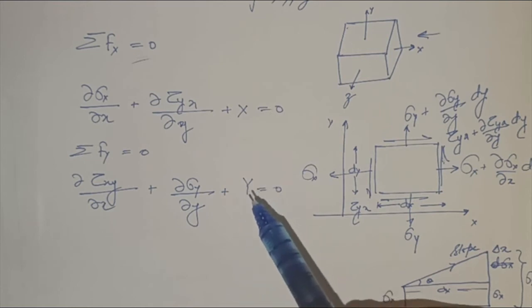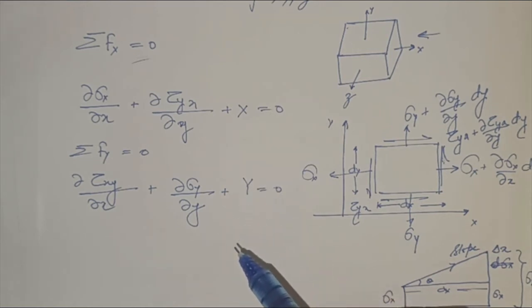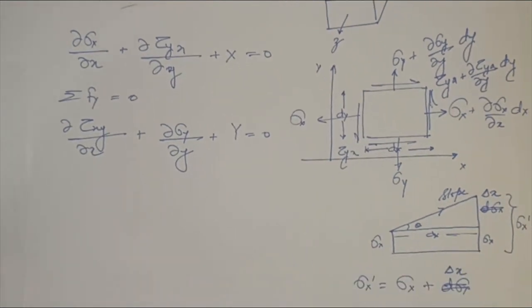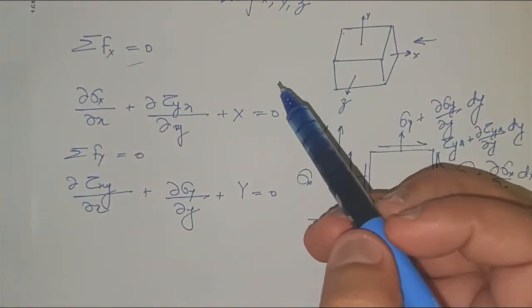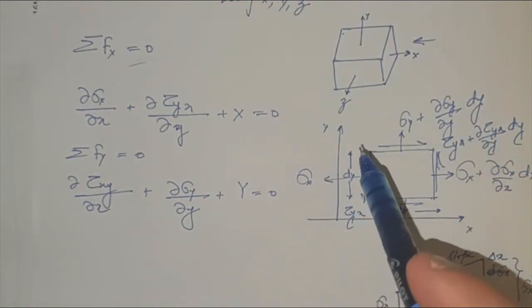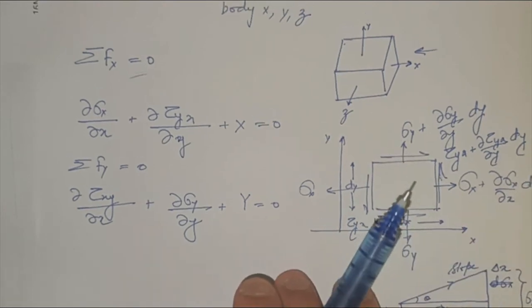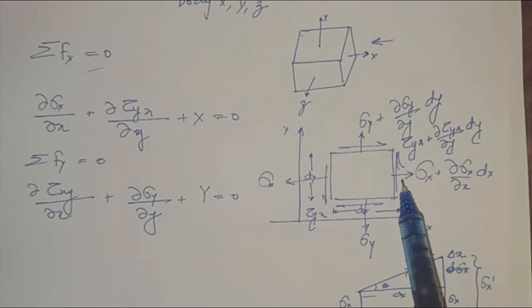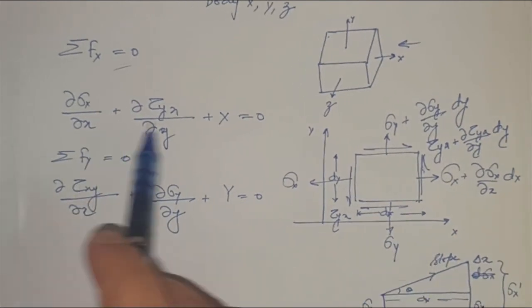Remember that the equilibrium equations are also available in the 3D case. So I'm giving you this as work to do here: just consider all these forces and sum up to 0. I'm not going to do this for you.